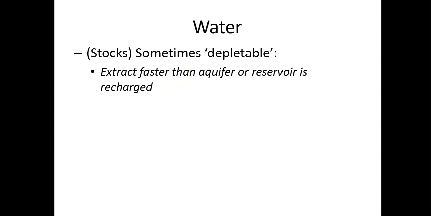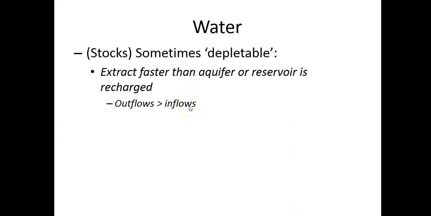Well, water resources, to a degree, can be depleted in the same way. So if we extract the water faster from, say, the aquifer or the reservoir than it is recharged, then it gets diminished. The stock shrinks, i.e. outflows are greater than inflows.